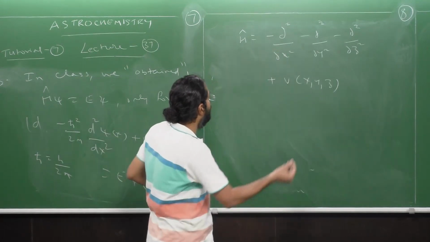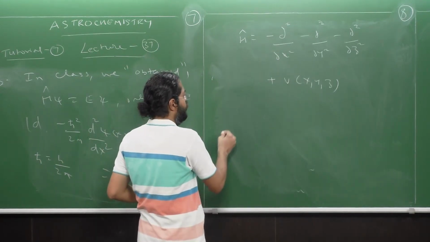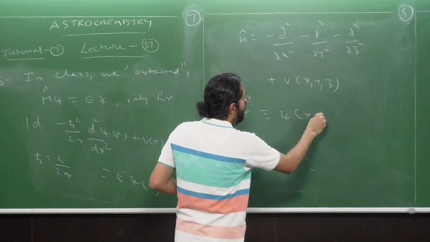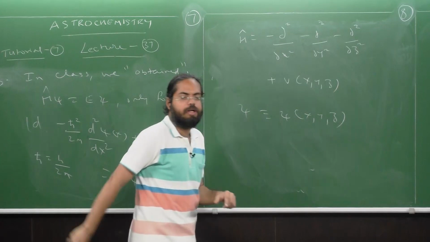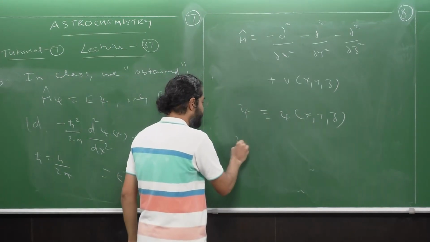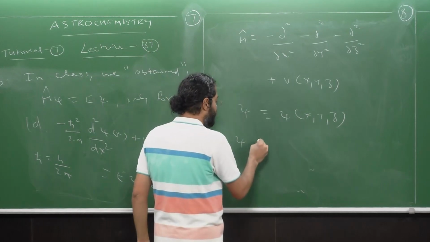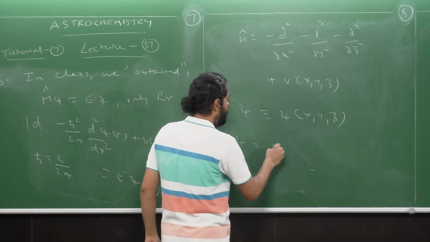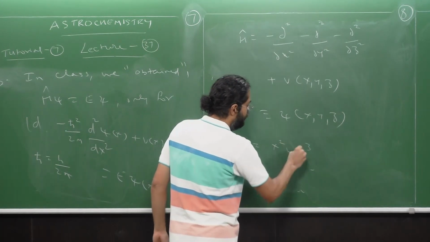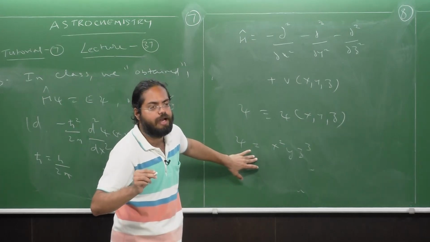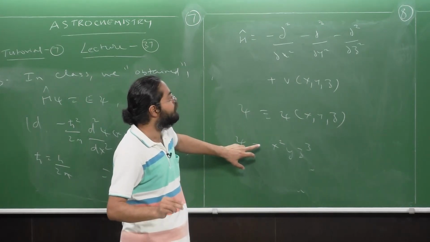In other words, let's say that for some function, and of course the psi is now going to be psi of x comma y comma z. Psi is going to be a 3-dimensional function now. Say, for example, I take this mathematical function psi of x comma y comma z to be something like x square y z cube, just for the sake of it. This is not going to give me any physical insight, but I'm taking it just to demonstrate the point.